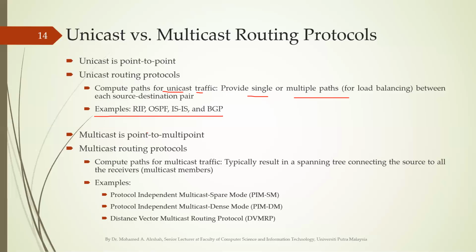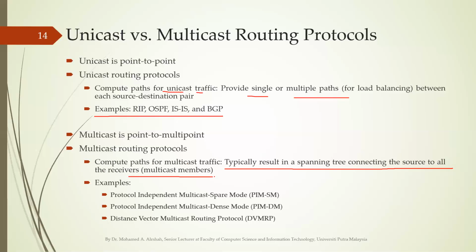Also, we have multicast, which is point to multi-point. Multicast routing protocols compute the paths for multicast traffic, typically resulting in a spanning tree. So a spanning tree connecting the source to all receivers. As you can see here, we have a spanning tree connectivity, which connects every source to the other destinations or receivers.